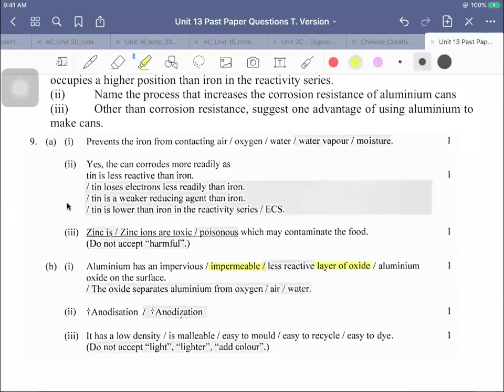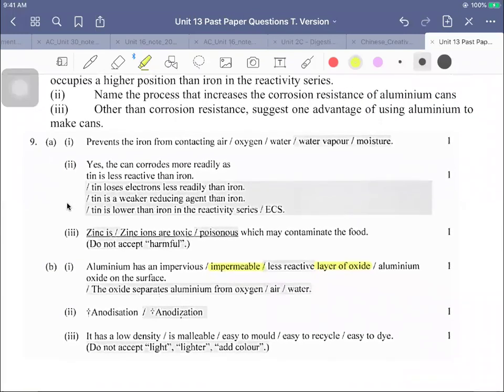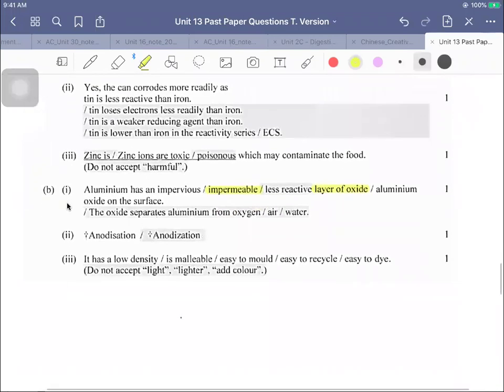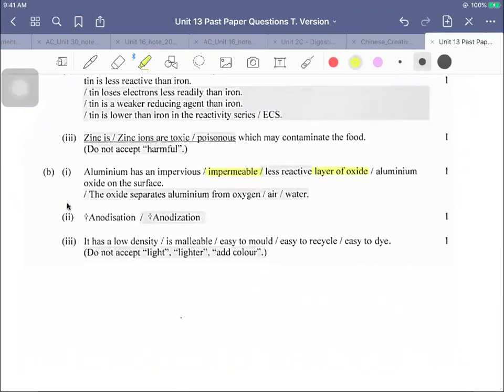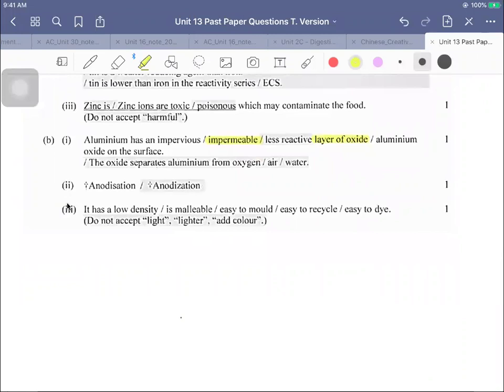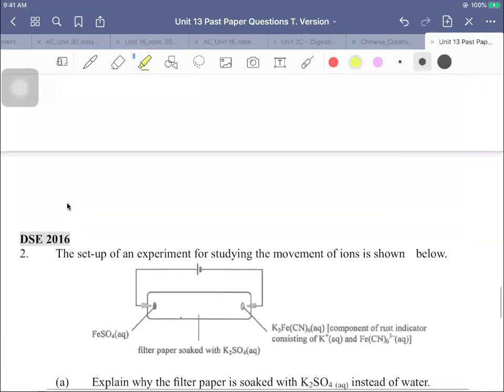Then anodization, all of you got that correct. Other than corrosion resistance, just one advantage, and there are a lot of choices: low density, easy to recycle, easy to dye. Malleable I would suggest not to mention here, because most metals are malleable.